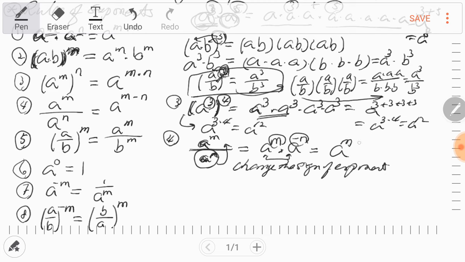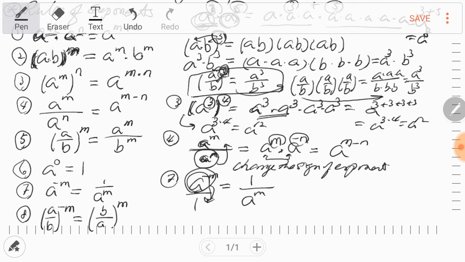So the exponent will be m minus n. Okay, and this is pretty similar to example 7. Example 7 is a to the negative mth power. Then this is equal to 1 over a to the m. So we can move this to the denominator, then the numerator is 1. Move it to the denominator, then change the sign of the exponent m.